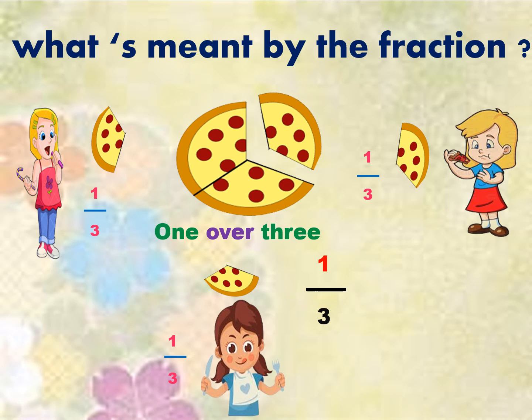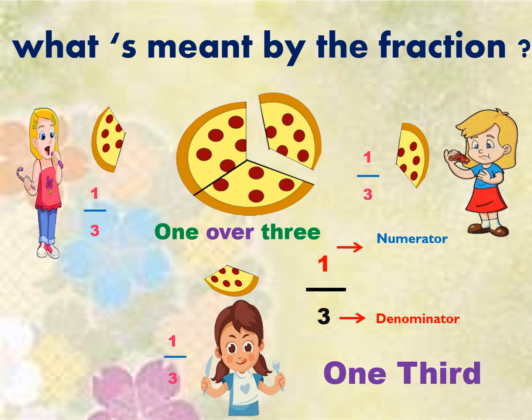Okay, and remember that 1 is called the numerator, and 3 is called the denominator. And we can also say 1 over 3 or one third.